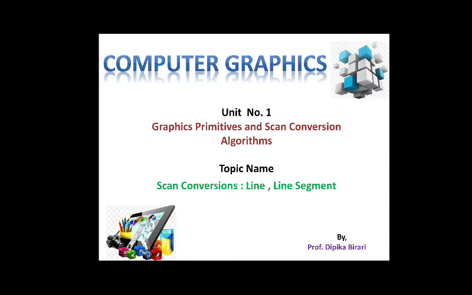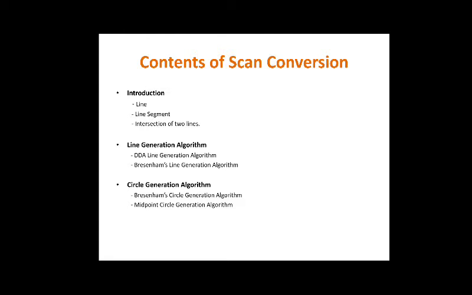In scan conversion we have the line drawing algorithm and the circle drawing algorithm, but before that we should know some basics: what is a line, what is the slope of that line, what is a line segment, and what is an intersection point. These are the contents we should know before going towards the algorithm.